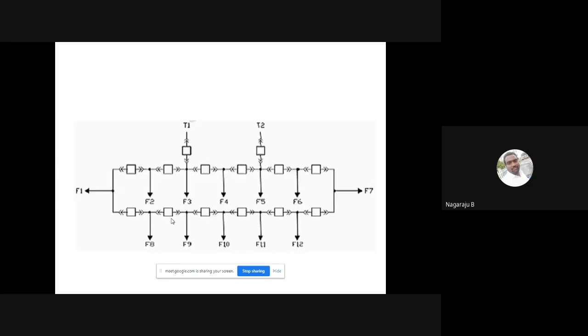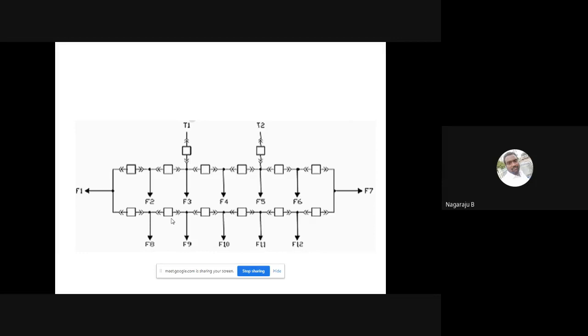This is a clear picture of the meshed type, like the loop type, but there are more feeding points and more transformers. T1, T2 are the transformers, and F1, F2, F3, F4, F5, F6, F7, F8 up to Fn are the feeders. In between you have a circuit breaker.